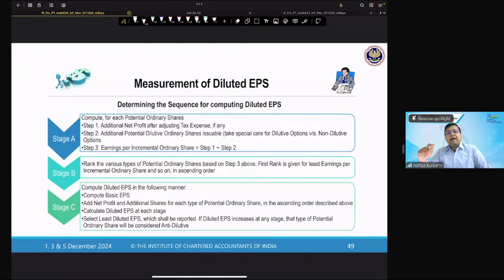Yes. So when I'm having multiple potential shares in my capital structure, I am faced with one dilemma: which to include and which not to include? What should I include, what should I not include, in order to arrive at the maximum possible dilution?